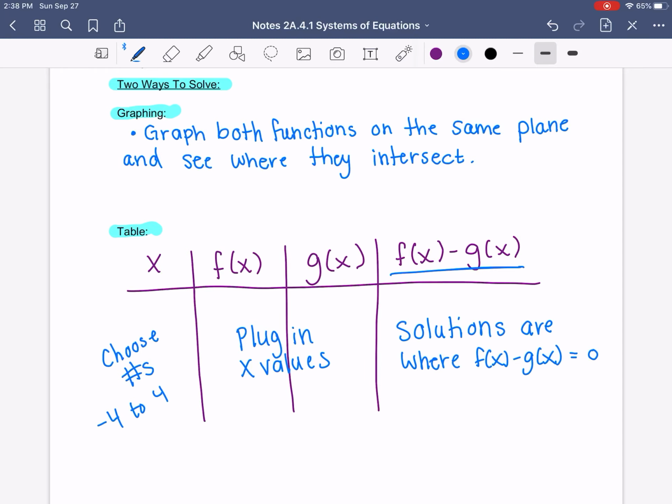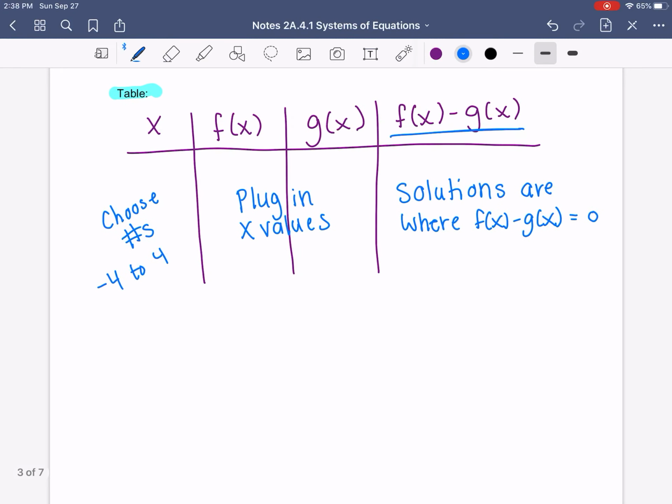I believe there's a similar lesson in Integrated Math 1, so this may look familiar from a couple years ago. But when you get 0 is not the only time that there's a solution. If you have a negative next to a positive, that means that there's another solution there as well. It would probably be some sort of decimal.